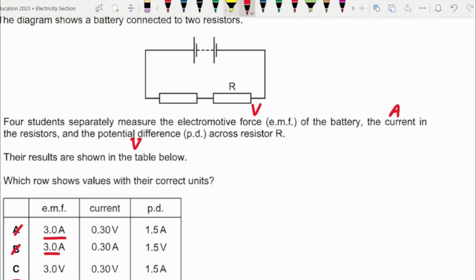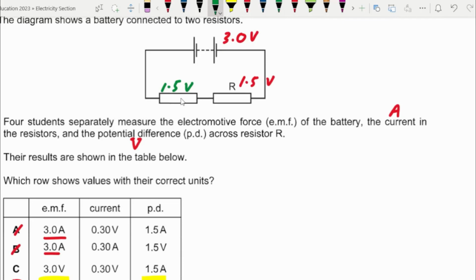also you realize something, that the EMF of the battery is more than the potential difference, because whatever the EMF of the battery was, 3.0, let's say in that case 1.5 volt was dissipated across the resistor R, and the remaining would be dissipated across the other resistor, because the remaining voltage would be given to the second resistor.